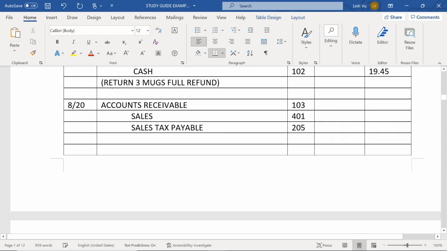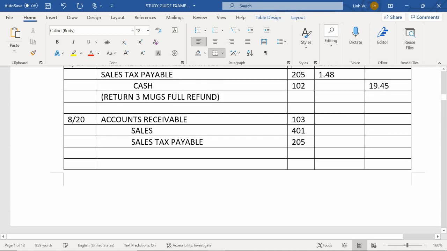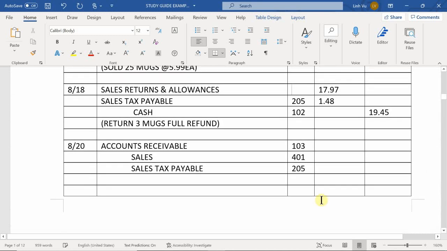That's the confusing part, since this isn't a purchase returns and allowances. So I'm just fixing that real quick. The account number was wrong. Let's go ahead and come back to this.